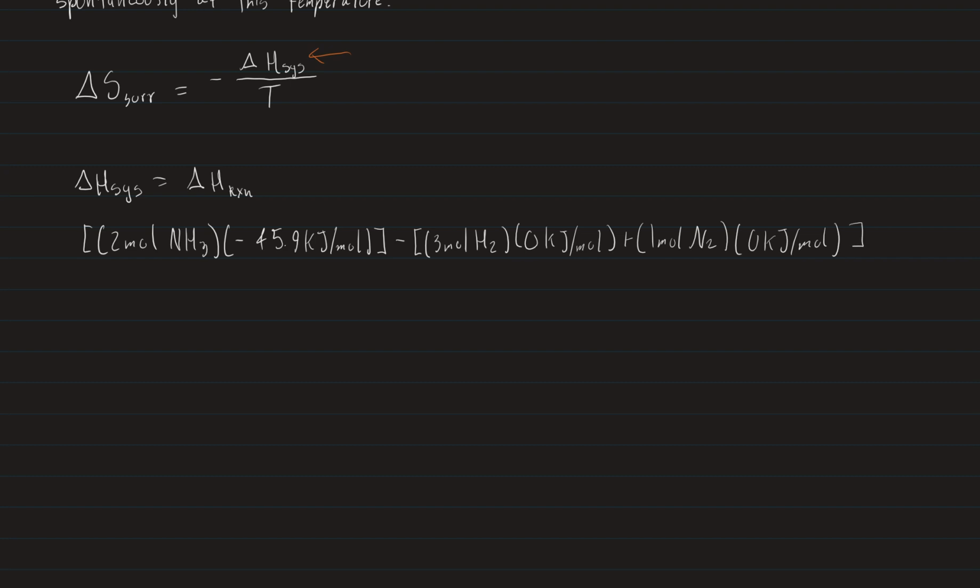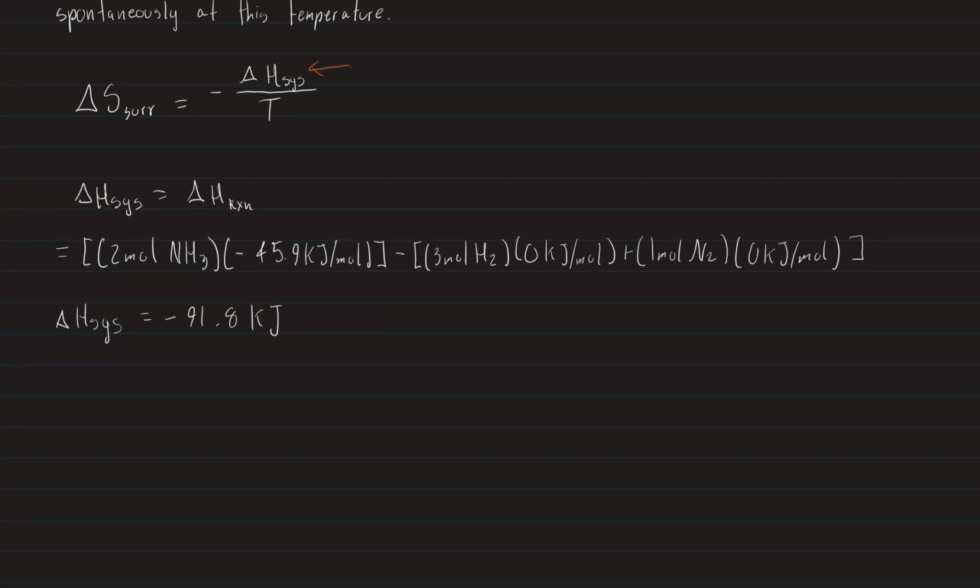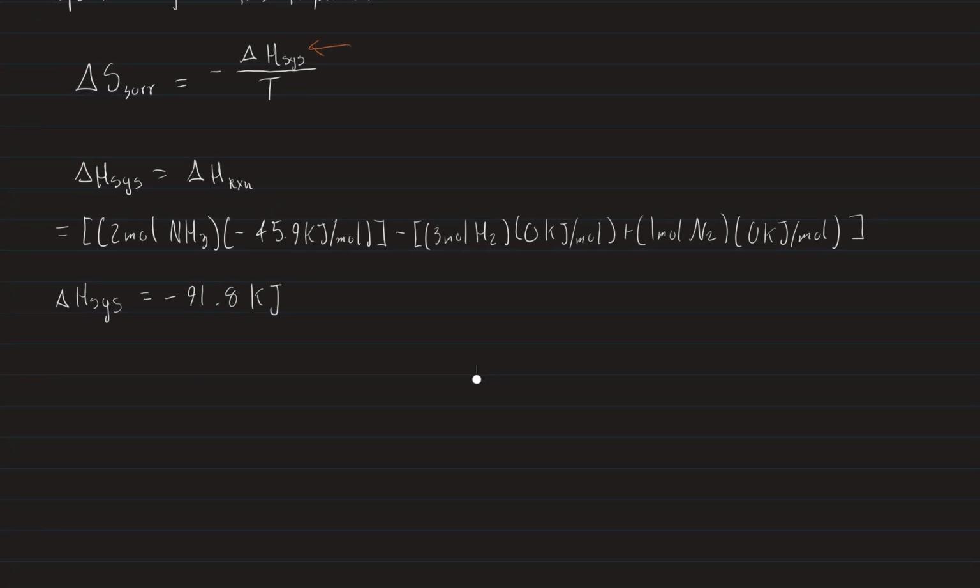And this all should total to, so the delta H of the system should total to negative 91.8 kilojoules. Right? So we already have our delta H of the system, and that's what we're looking for.